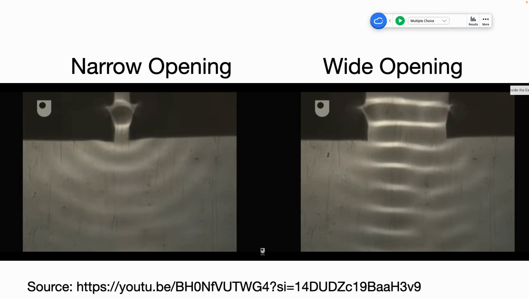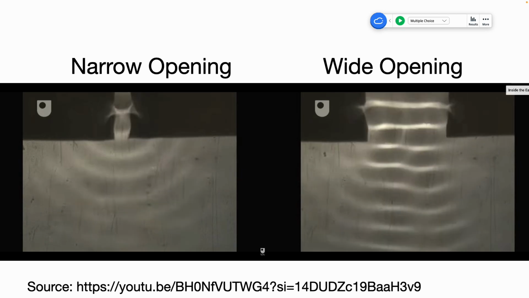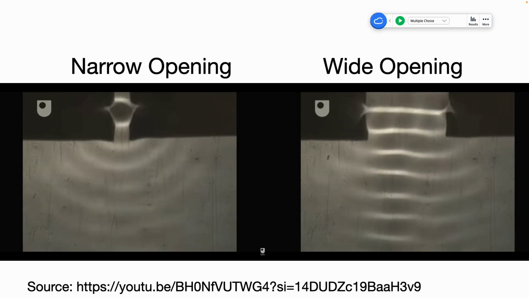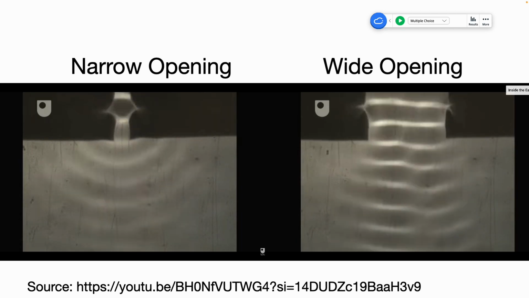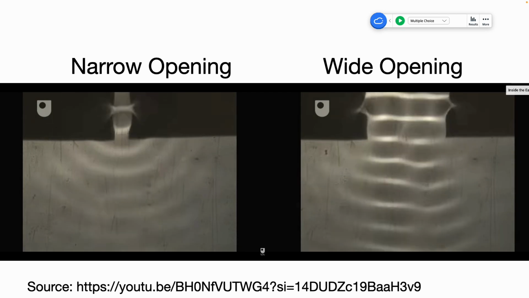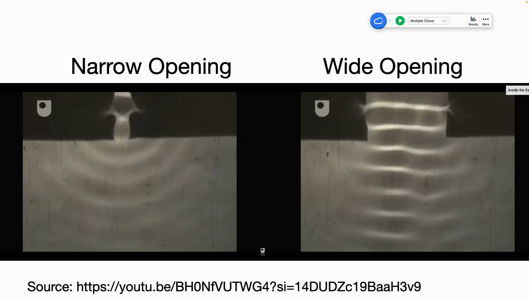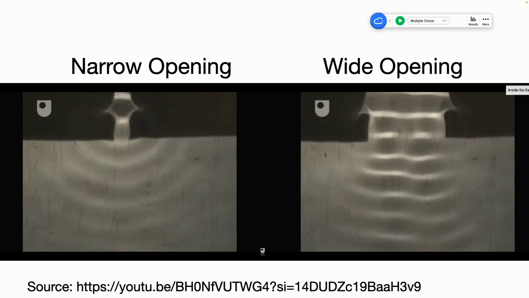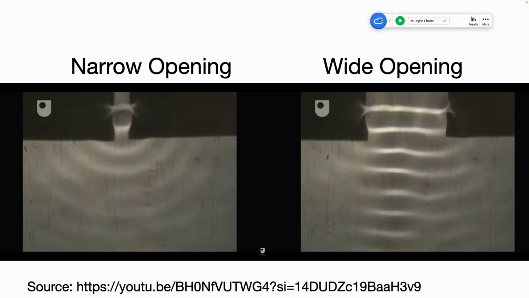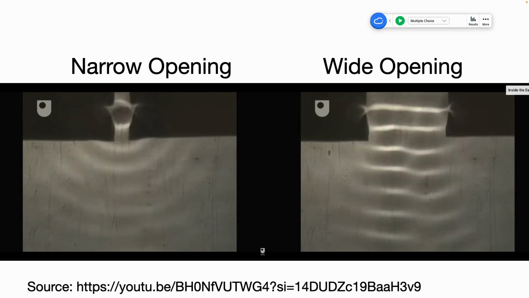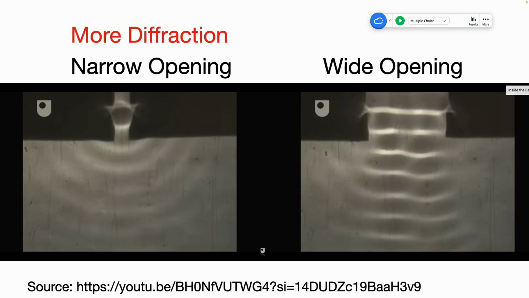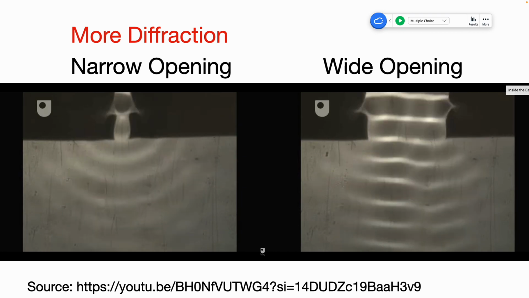What you see here is that when you have a big opening, the wave spreads out a little bit, but it doesn't go all the way out across the 180-degree angle. But here, when you have a very small, narrow opening, the wave pretty much goes out for the entire 180-degree angle. So you see that when the opening is smaller, there will be more diffraction of the wave.